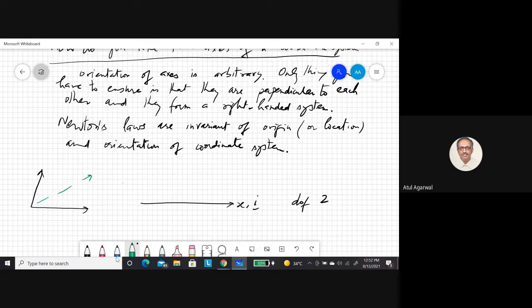So just like any vector, you had 3 direction cosines and you had a restriction that magnitude is 1. So you said there are 2 independent direction cosines.